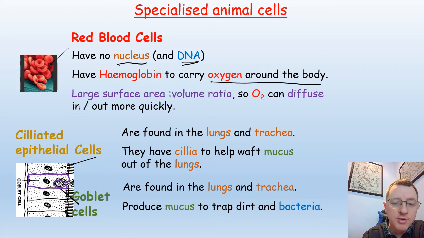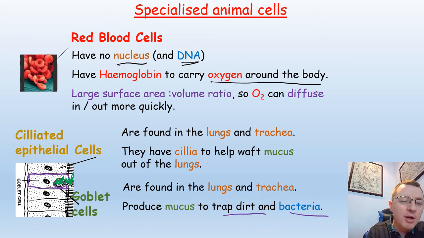Now these goblet cells produce a green sticky substance called mucus, and the function of the mucus is to trap dirt and bacteria. However, mucus is quite nutritious, so the bacteria are rather happy to live in the mucus, so we have to be able to remove that mucus from the lungs.